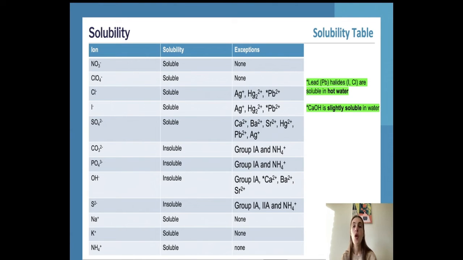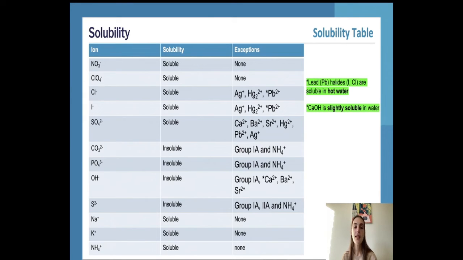Another important thing to note is that the lead halides, so for example PbCl2, which we just discussed, will be soluble in hot water. That also goes for PbI2, which will also be soluble in hot water. But in our typical standard temperature and pressure conditions in the lab, they will not be soluble. Another thing important to notice is that calcium hydroxide is slightly soluble in water.